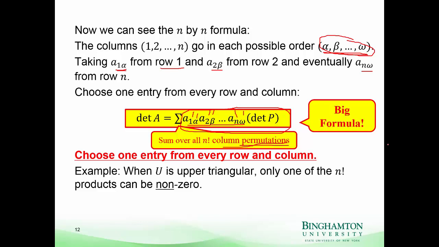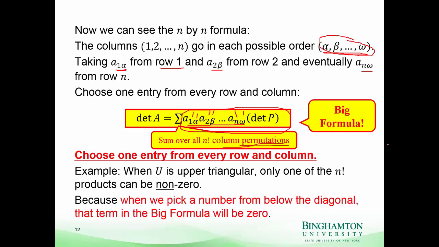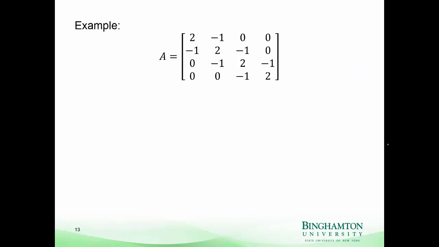So there's only one term, and that will be the product of the diagonals, which we know already. So the big formula is consistent with what we've seen already. That's nice. All right, so here's the 4x4 example that will hopefully illustrate how to do this big formula.